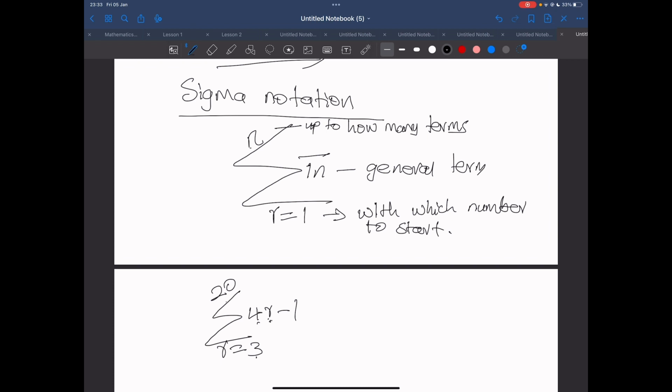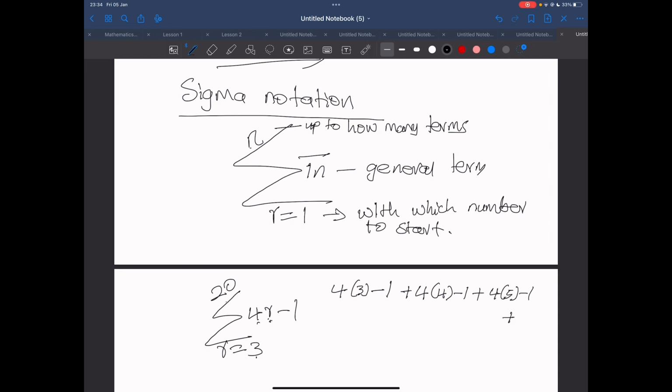So let's substitute practically. We have 4 into 3 minus 1, that is the first one, and then we substitute going up. It was from 3, now we go to 4, so it's 4 times 4 minus 1. The next one, so we have the first 3 terms, will be 5, so it's 4 times 5 minus 1.